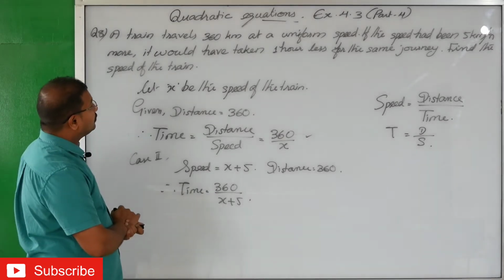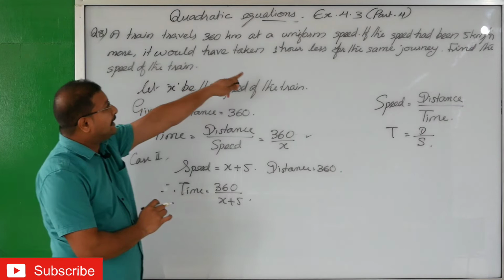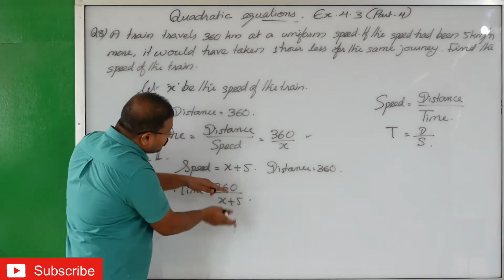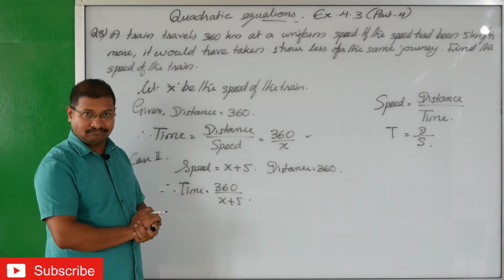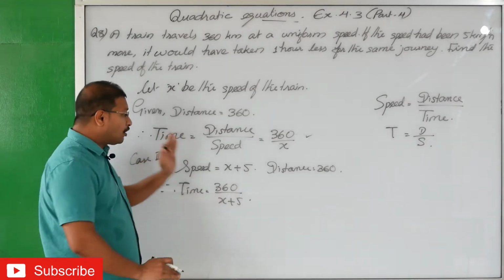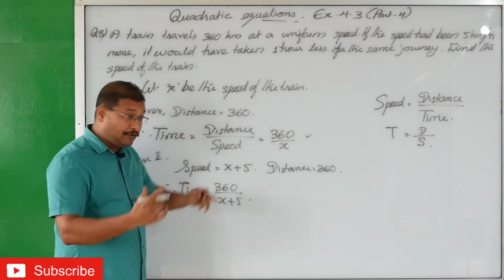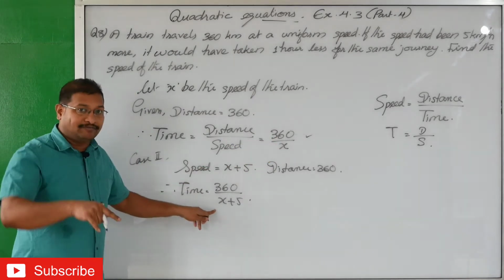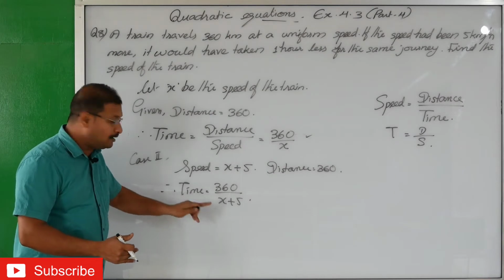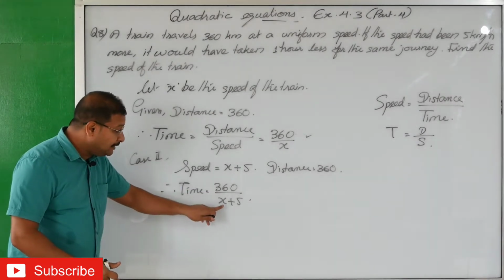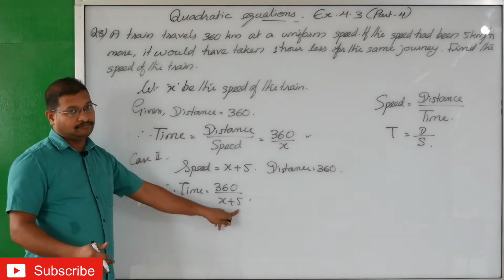Now what is given in the question? It would have taken 1 hour less for the same journey. Means the difference of the time is 1 hour. Because if you use the normal speed, the train will take 360 by x. And if you use x plus 5, a little faster, that means what will happen? The time taken equals 360 divided by x plus 5. Ready?